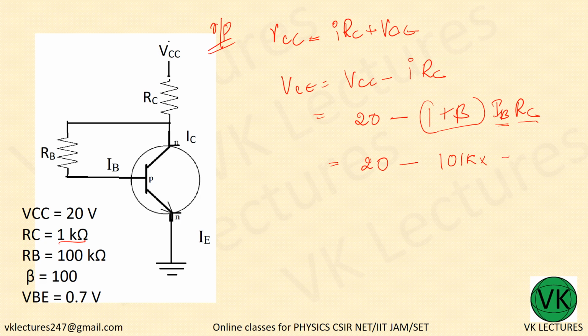IB is 9.65 milliampere divided by 100. Okay, leave that. So what we are getting is, 100 you can cancel out. So 20 minus 9.65 volt, which is nothing but 10.35 volt.